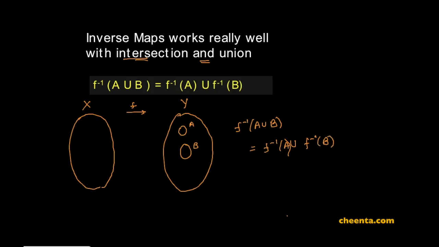To make sure that we are on the same page, F inverse A union B is some sort of a set down here. Again, it doesn't need to be like this continuous chunk of X. It could be broken pieces, informally speaking. So F inverse A union B is a set down here, and what is the property of this set?